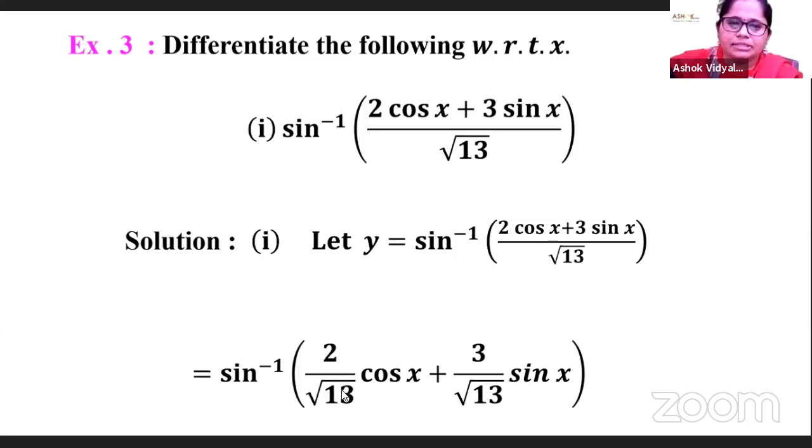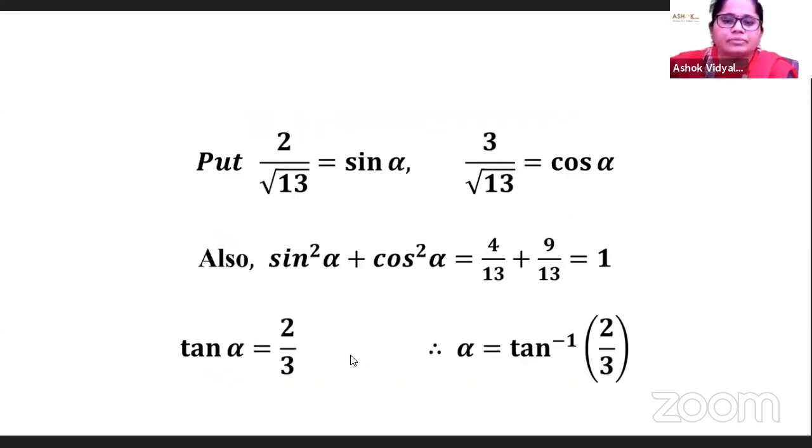Here we separate this into (2/√13)cos x + (3/√13)sin x. Put the value of 2/√13 as sin α and 3/√13 as cos α.